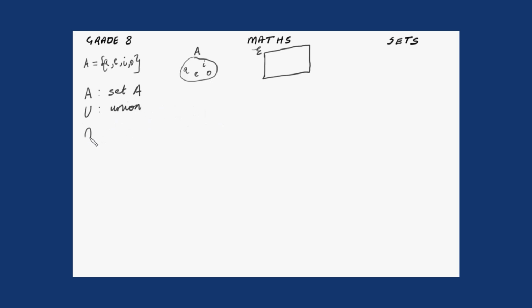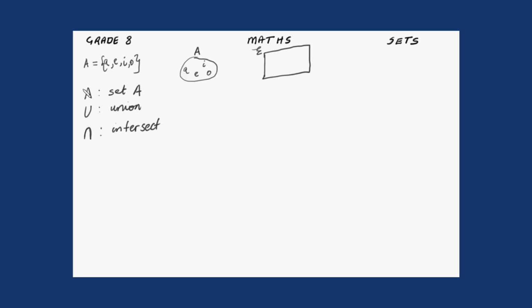Then we have this symbol, which is an intersection. It has to do with common elements, okay? Intersection of two sets is about common elements that appear in both sets. This one is about all the elements of the sets put together.